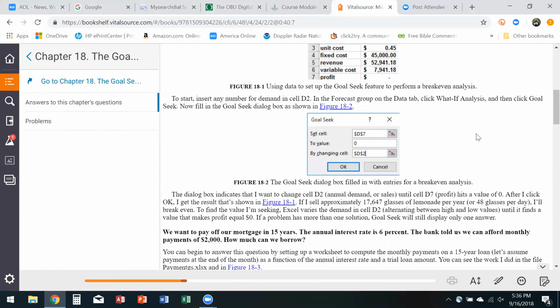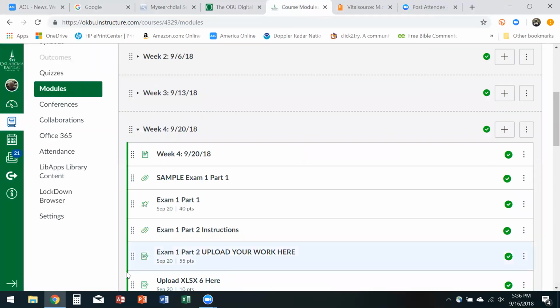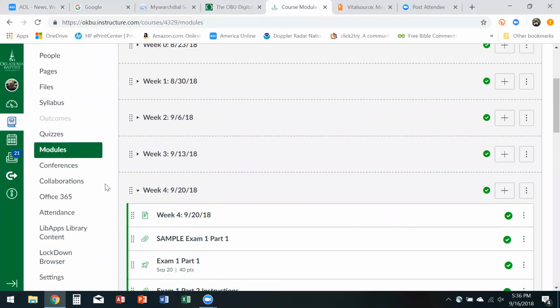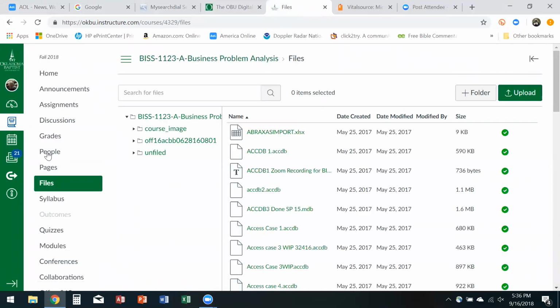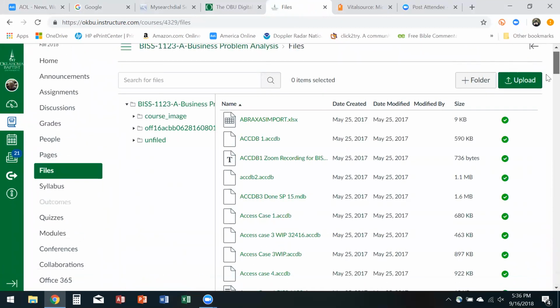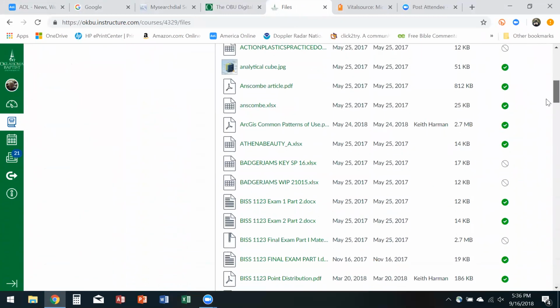All right. So we're going to look first of all at Badger Jams, which is an example, but you're also going to be using it. So I'm going to go back over here into the module, and I'm going to go over to the files. I'm going to scroll down here, and I'll find Badger Jams.